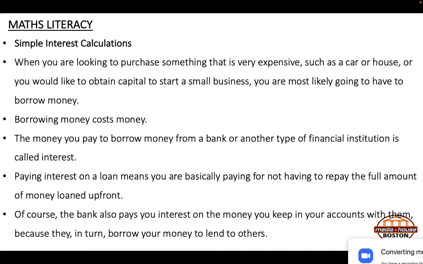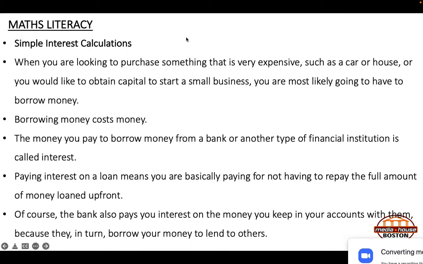So maybe I lend you 10,000 rand over 6 months. Over that 6 months, if I had that money in the stock market, it's going to make money. So this is why essentially they charge you interest, because that money could have been doing something else and earning money for just existing. Okay.